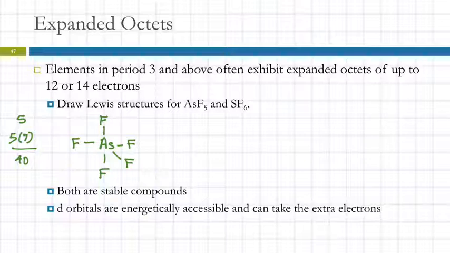2, 4, 6, 8, 10, 12, 14, 16, 18, 20, 22, 24, 26, 28, 30, 32, 34, 36, 38, 40. All very nice, except arsenic has 10 electrons, not 8. 7 times 5 is 35, plus 5.